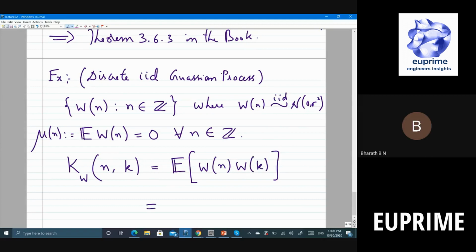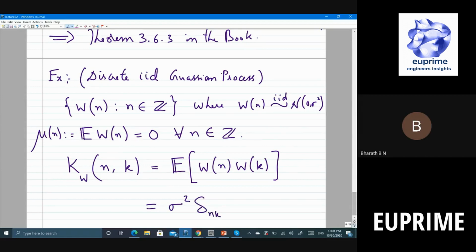What can you say about this? See, whenever n and k are not equal, they are independent random variables with zero mean. So the expected value of the product becomes the product of expected values. The expected values are 0. Therefore, it will be 0. Whenever n equals k, this will be W square of k, which is variance sigma squared, and Kronecker delta, right?